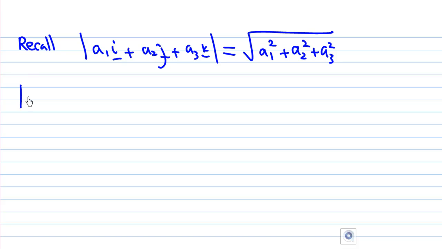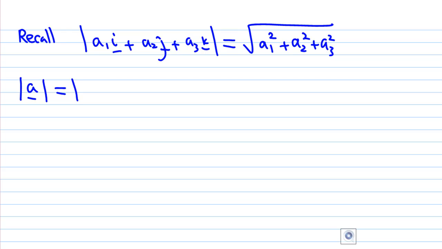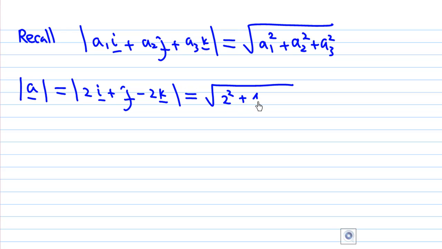So the magnitude of a, which is equal to the magnitude of 2i plus j minus 2k, is equal to the square root of 2 square plus 1 square, as this is 1j, plus minus 2 square. And this will give me 4 plus 1 plus 4 is 9. Square root of 9 is 3.